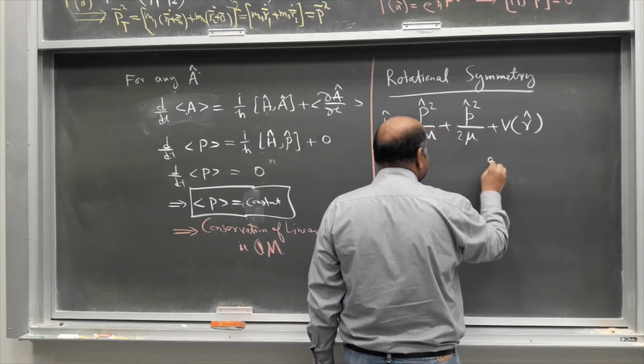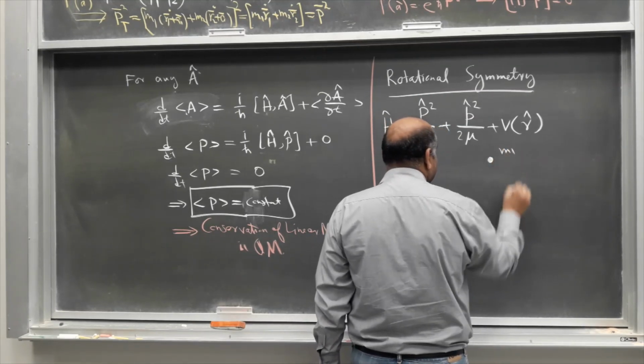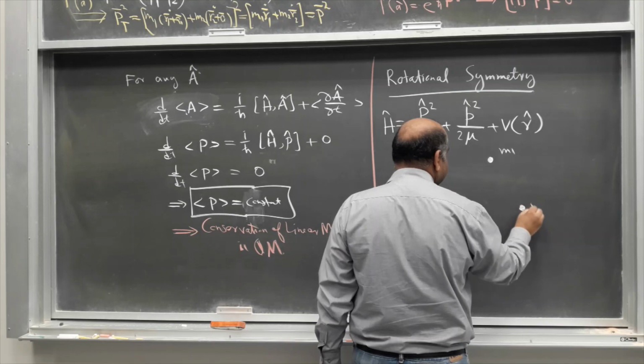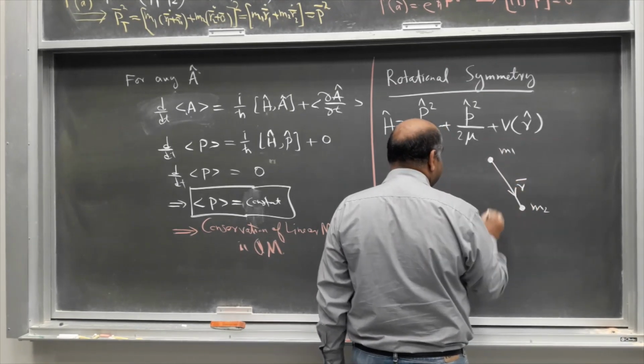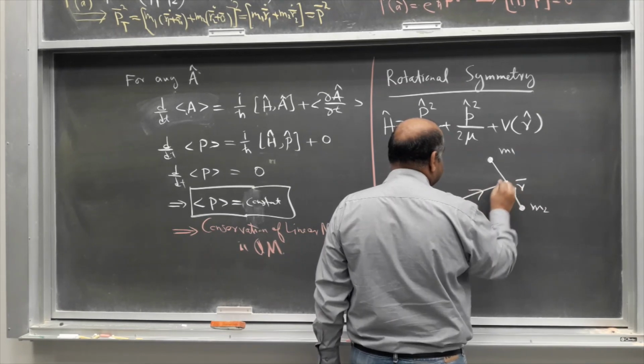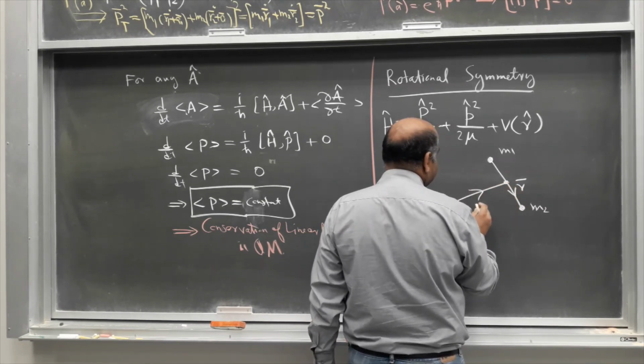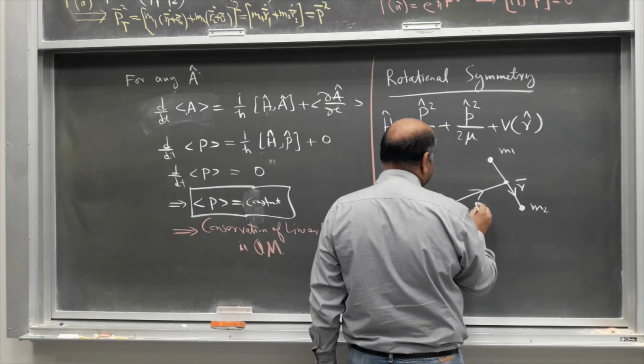So if there are these two particles, M1, M2, this is the relative position vector, and this is the position vector of the center of mass.